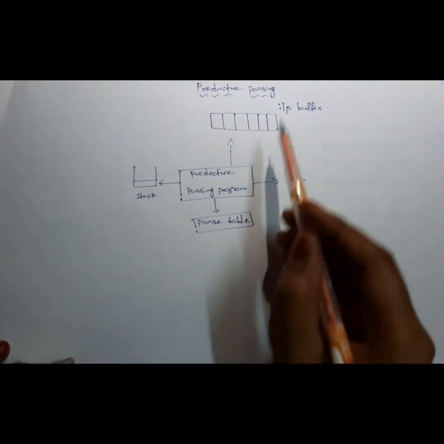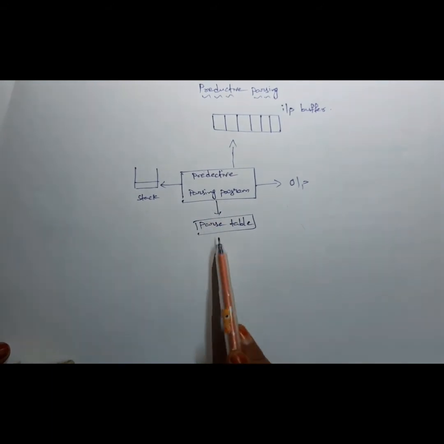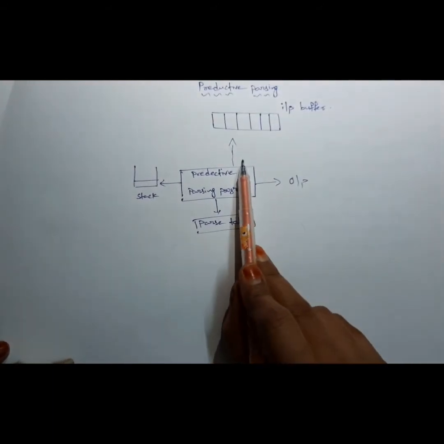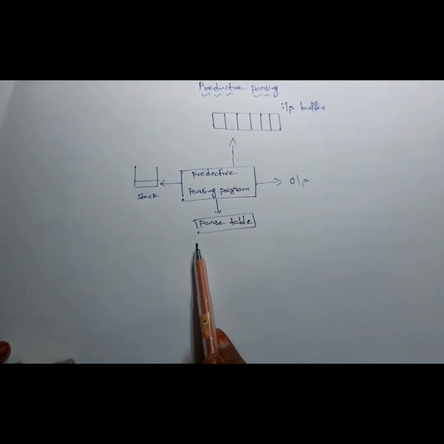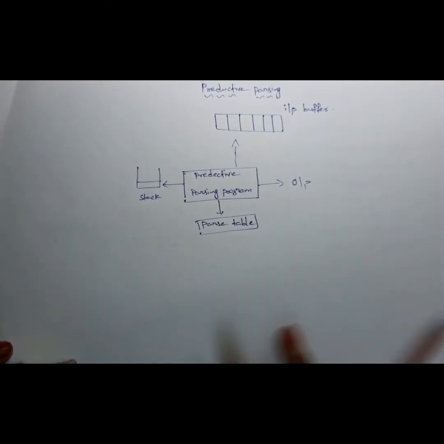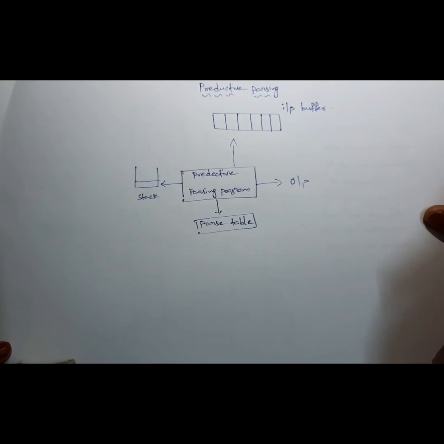Here, by using the predictive parsing program, I have constructed a parse table. Now we need to take an input string and check whether the table which we have constructed is accepting the input string or not. I am taking an example input string and checking whether it is accepted by the grammar.